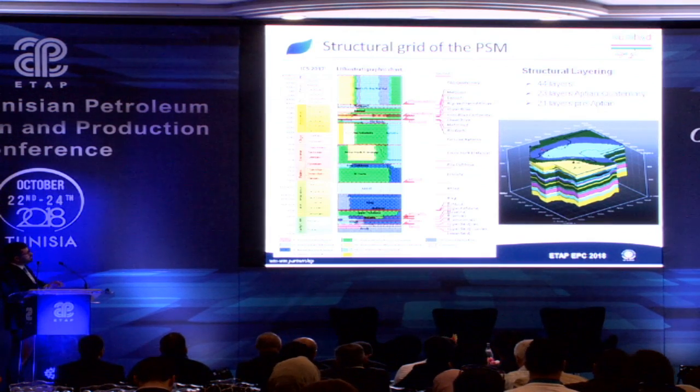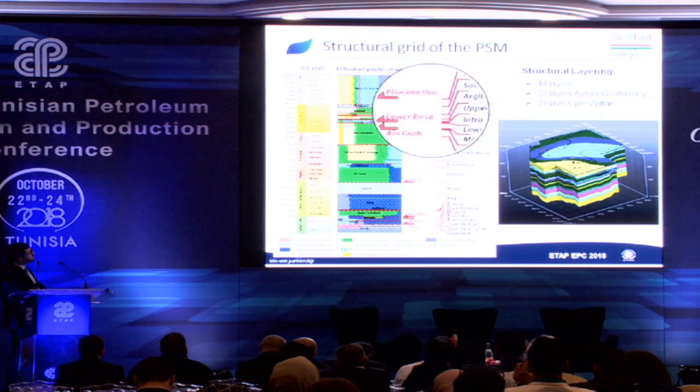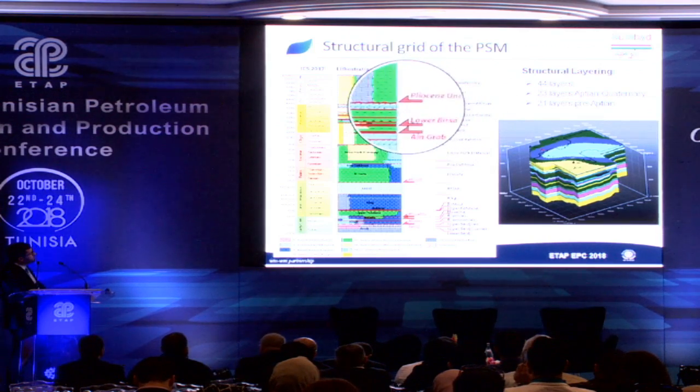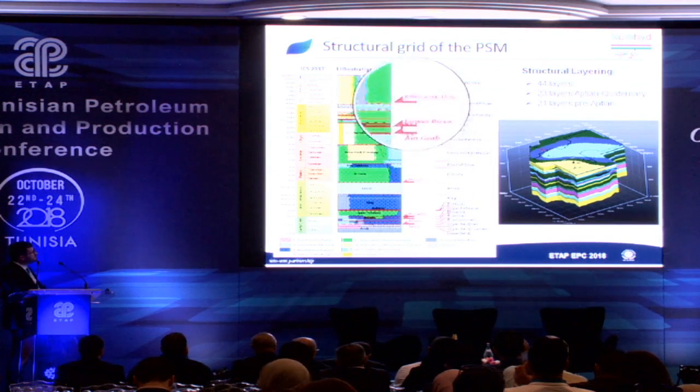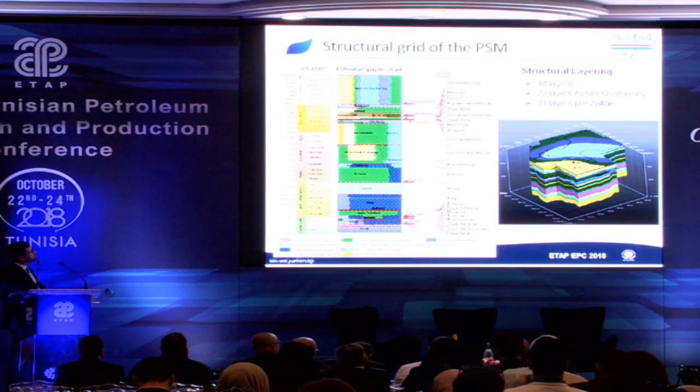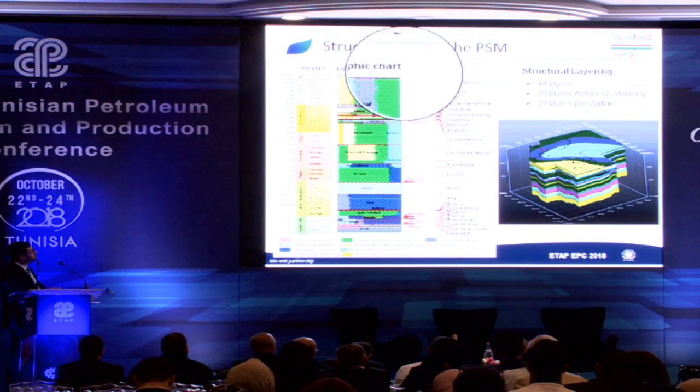This is a view of stratigraphy in the model. So you can see the big red arrows correspond to the seismic maps we got for the model. So we have 7 seismic maps, plus at the top we have here the topography.